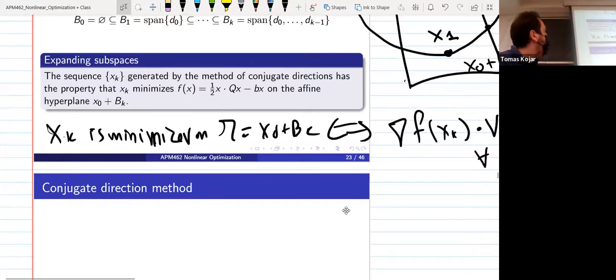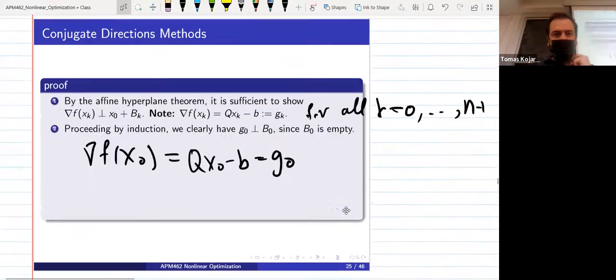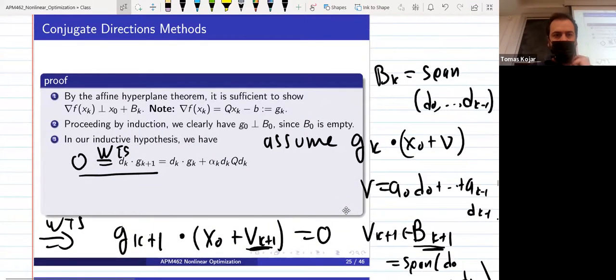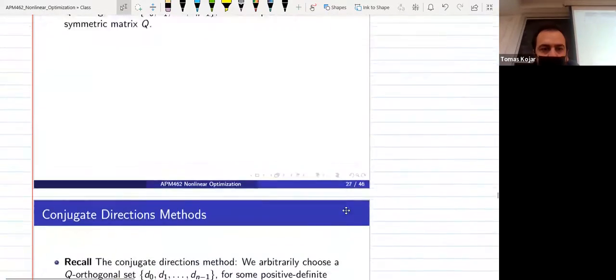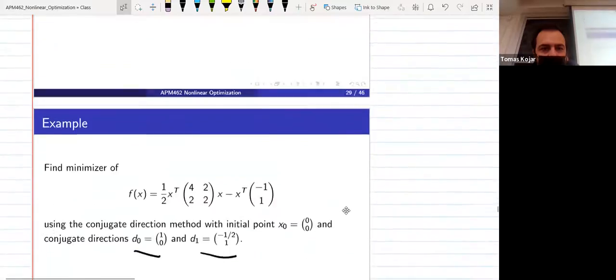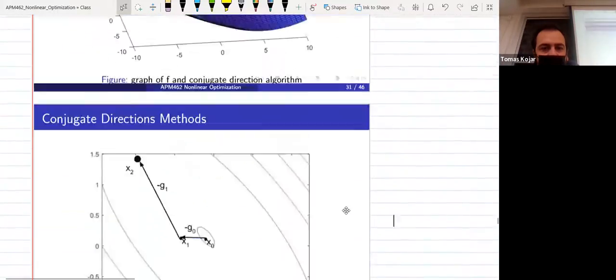We found that xk is an element of this hyperplane. So we have this crazy formula, and here's the formula if you want to use it.